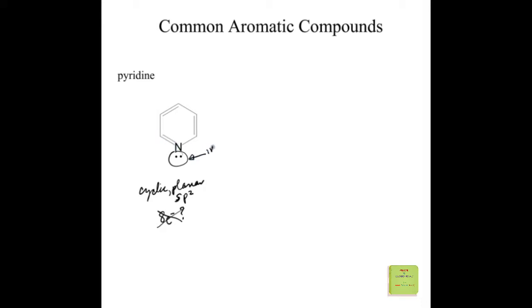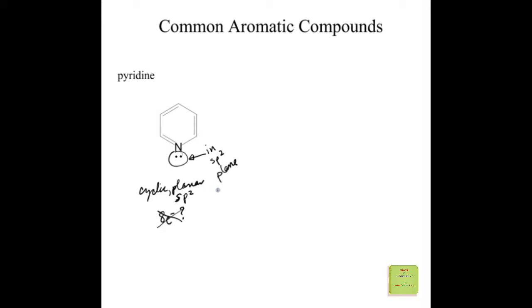This lone pair is in the sp2 plane. It's in an sp2 hybrid orbital. So if we imagine this as a model of pyridine instead of benzene, this would be a nitrogen, and instead of having a hydrogen here in the plane, it would be a lone pair of electrons. And so we wouldn't include these two electrons because they're in different regions of space.